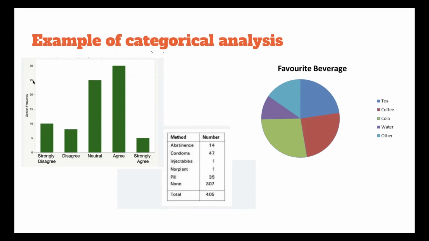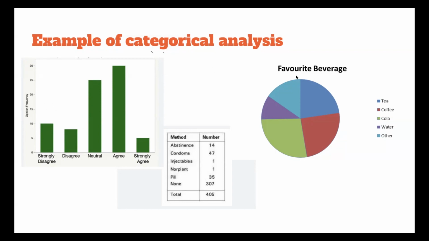So pay attention: if you see a bar chart, to know whether it's a univariate or bivariate bar chart, you need to look at the y-axis. What did they write there? Here it says opinion frequency. For a univariate chart, sometimes it will be count, sometimes percentage. Percentage, count, frequency means this is a univariate bar chart. It's just a bar chart standing alone.